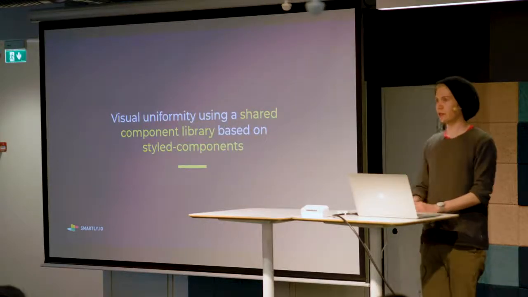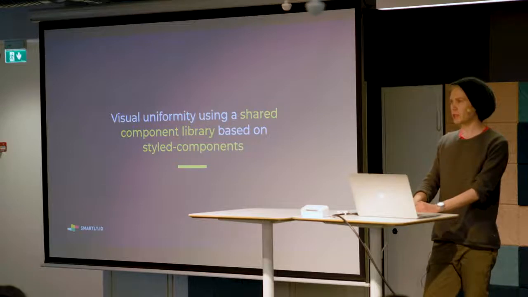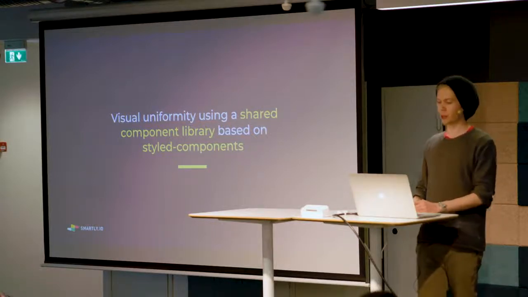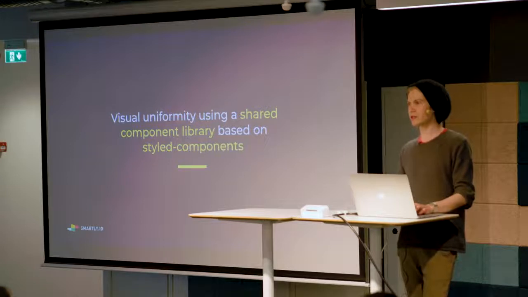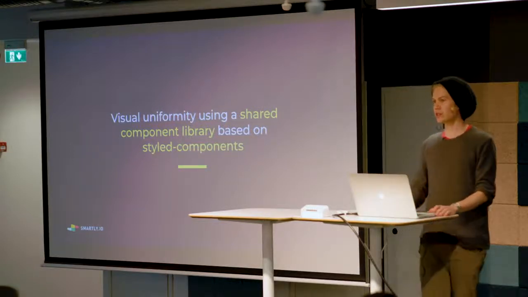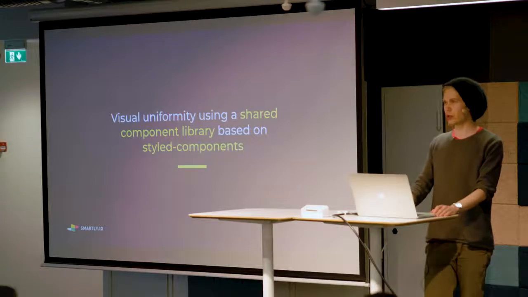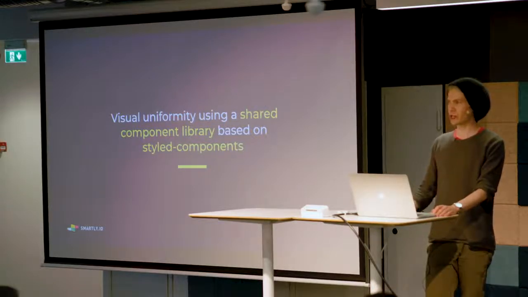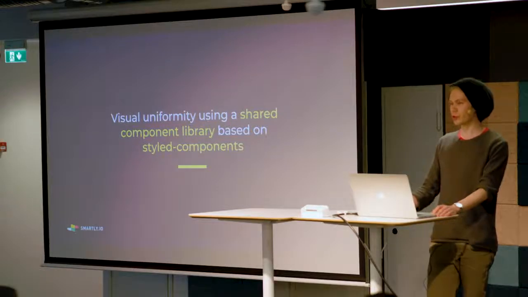Then as for the final point of visual uniformity, we are using a shared component library. And that shared component library is based on styled components, which is a JS to CSS library. The reason why we chose this sort of JS to CSS approach with our component library is simply the ease of integration with the micro-frontend approach.